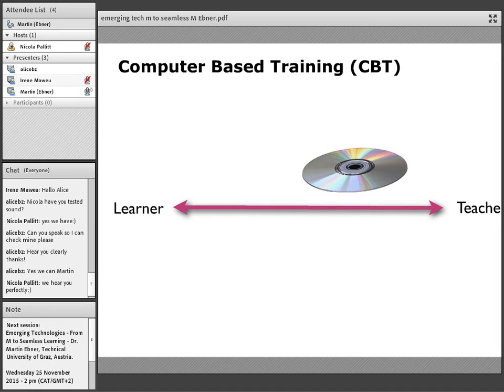And the first thing was so-called computer-based training. So we have a kind of CD-ROM, and we have to install it locally on our computer, and then we can learn. So the teacher or the instructor more or less gave us the content, and we go home, put it in our own PC, and begin to learn. This was the first step. I would think about 1980 or something like that.